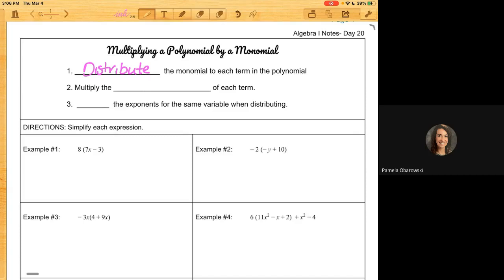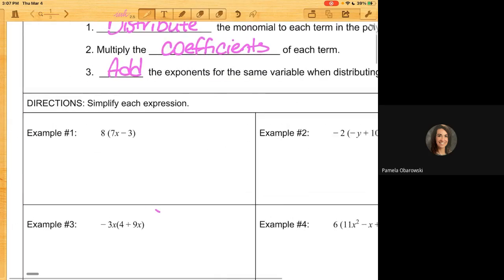When we distribute, we're going to multiply the coefficients of each term, and we're also going to add our exponents. So those are the principles of what we're doing today. We're distributing, and when we distribute, we multiply the coefficients and we add the exponents. So let's take a look at an example of what this is going to look like.